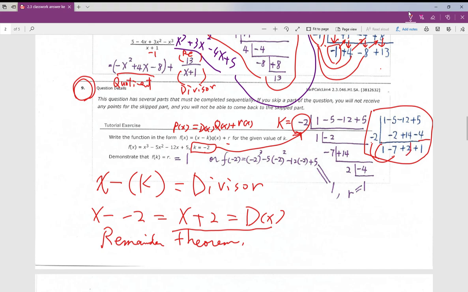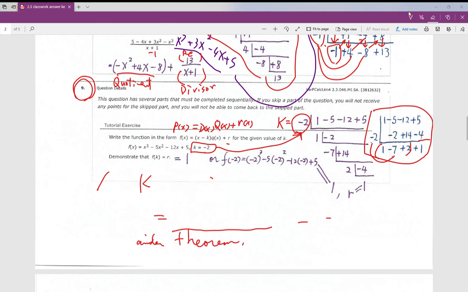So this question, the function f of x equals, let me rewrite. Let me start all over to write the polynomial x cubed minus 5x squared take away 12x plus 5.